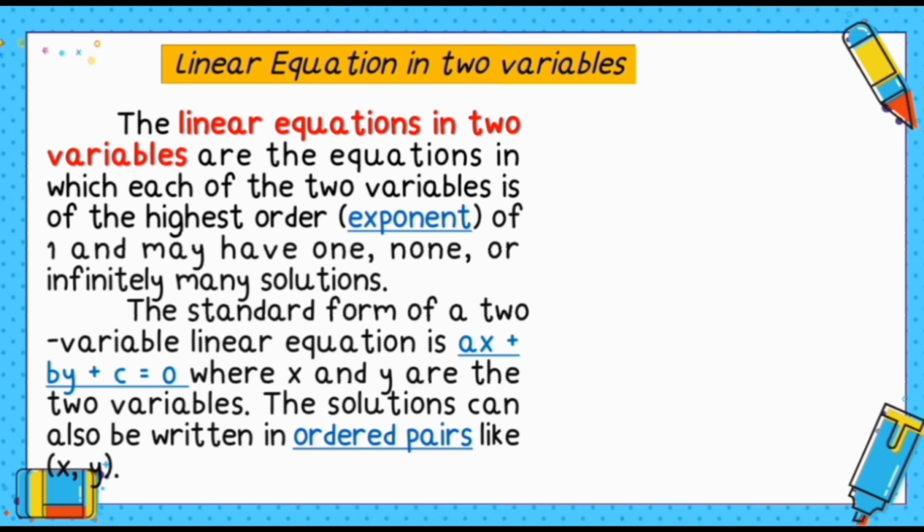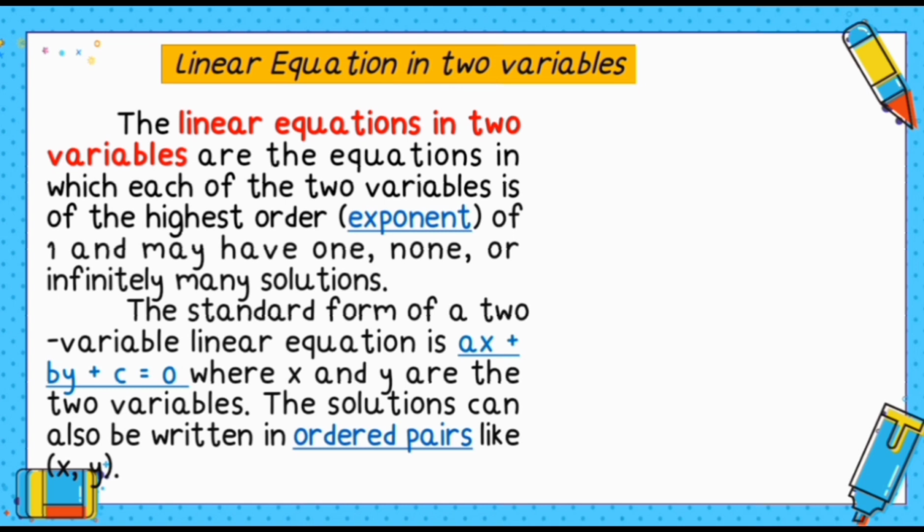The standard form of a linear equation in two variables is ax plus by plus c is equal to 0, where x and y are the two variables. The solutions can also be written in ordered pairs like (x, y).